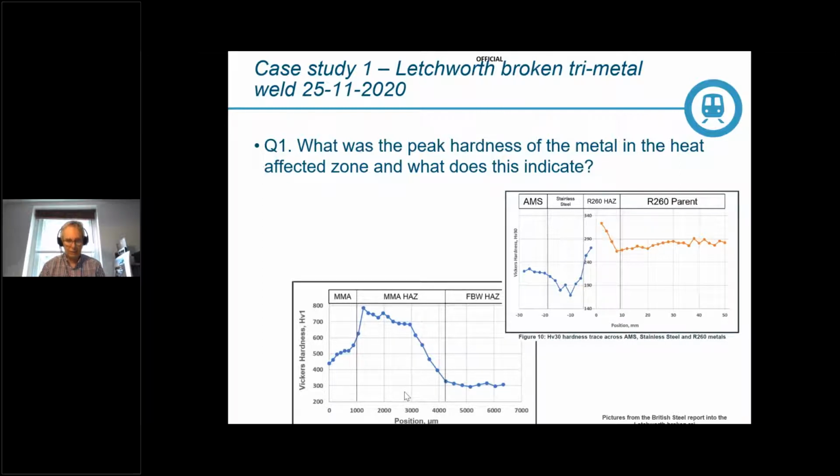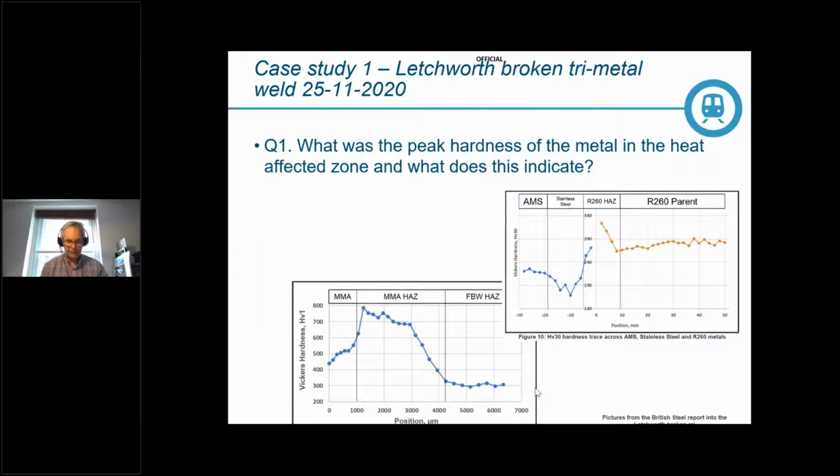If we now look at the other section, the bottom section shows the micro Vickers hardness through the manual metal arc weld that had been done to try and repair a defect on the top of the tri-metal weld. And this shows a peak hardness of 786 HV as opposed to around 287 in the parent metal.